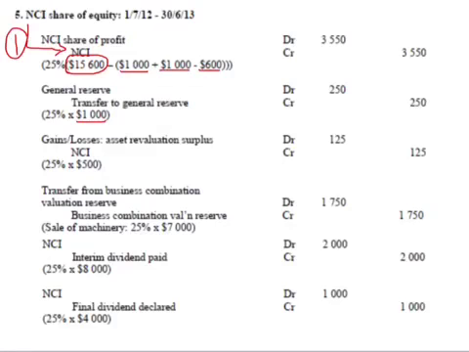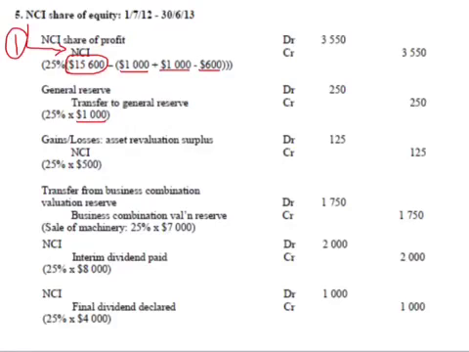But for the NCI, we don't look at that distinction, and we only work with the timing of the transaction. So in the current year, we make the adjustment for the NCIs in the current year.